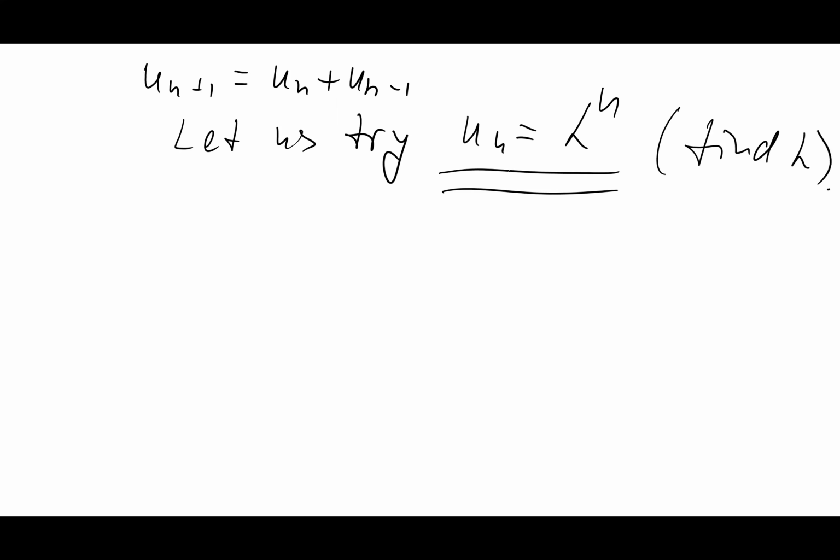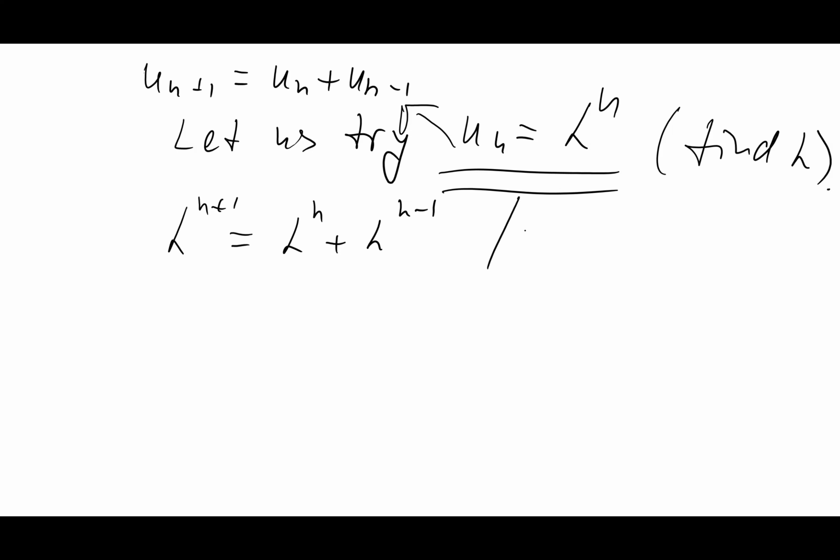So if this is a solution, then if we put it back into this equation, we will have lambda to the power of n plus 1 equals lambda to the power of n plus lambda to the power of n minus 1.